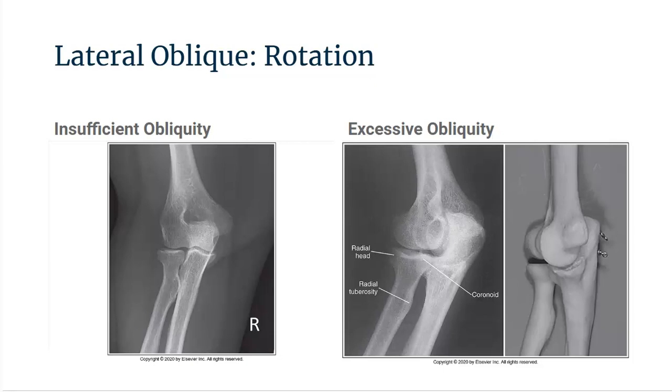Additionally, the radial tuberosity is no longer in partial profile. Ensuring the correct 45 degree obliquity is key to obtaining an optimal lateral oblique elbow projection.